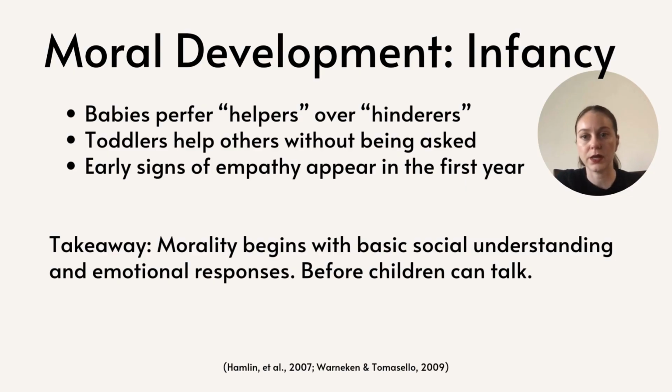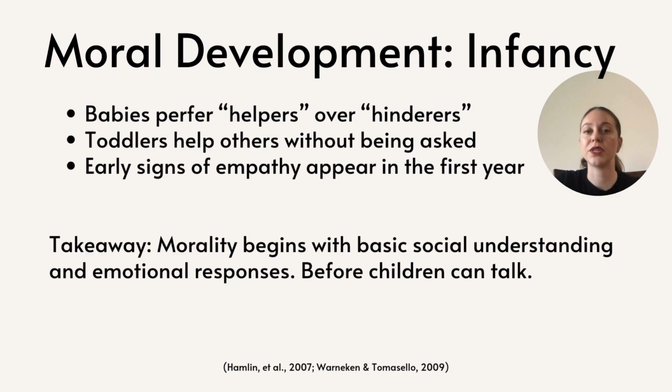So this suggests through the research that we are born with the idea of social evaluation, in the sense that we prefer those who are helpful over those who are hinderers. Also, think of spontaneity in helping in toddlers. As infants grow into toddlers, their preference turns into action towards others.